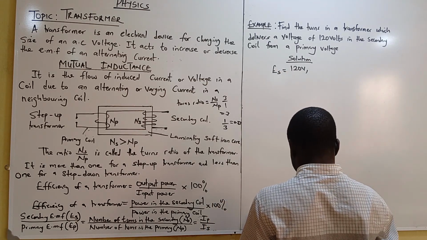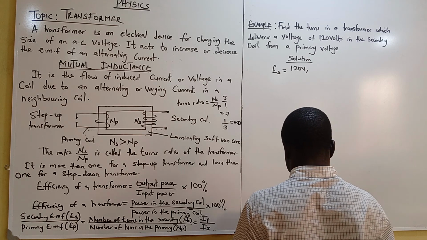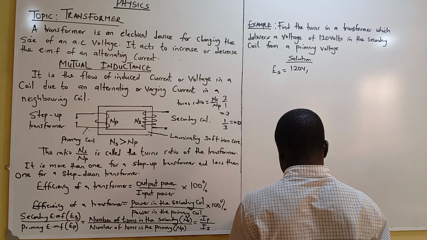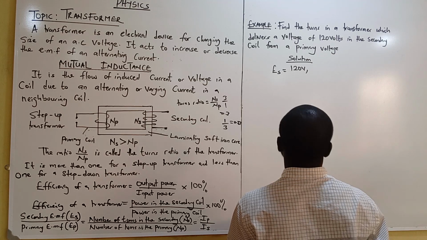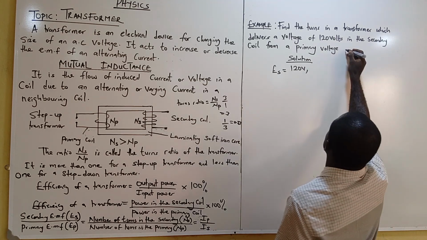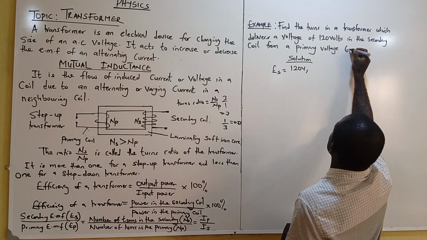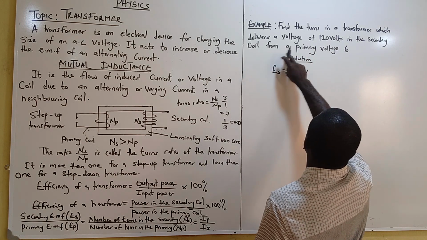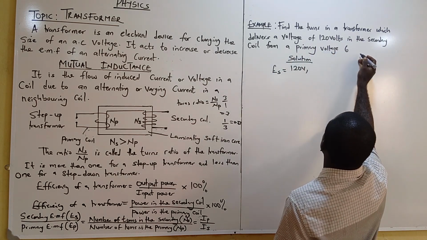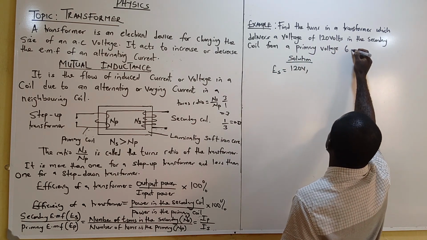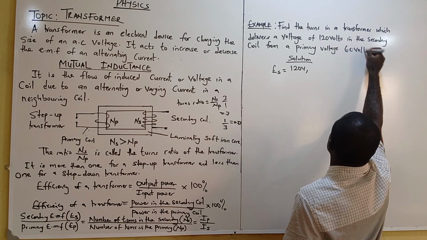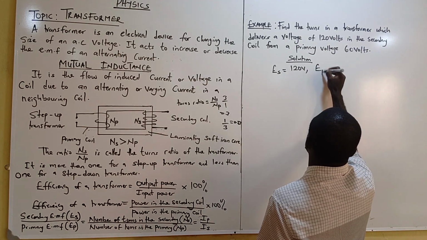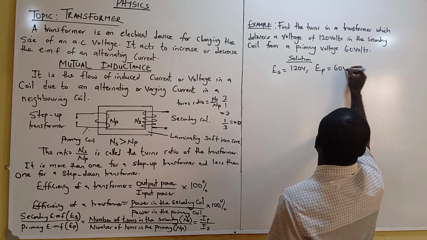We have the primary voltage; let's take it to be 60, a high voltage. We deliver a voltage of 120 volts in the secondary from a primary voltage of 60 volts. So ES is 120 volts, and EP equals 60 volts.